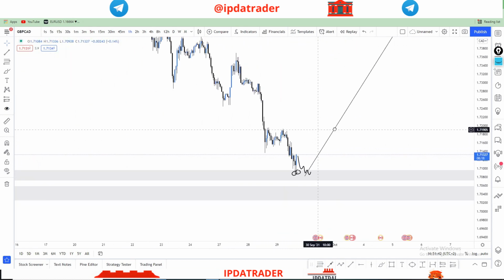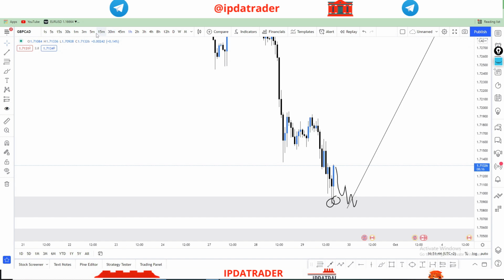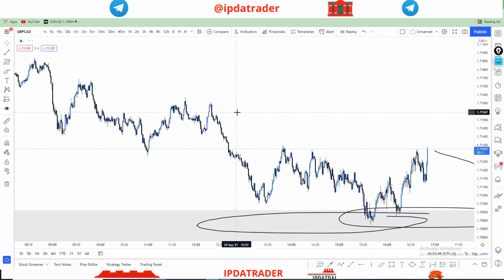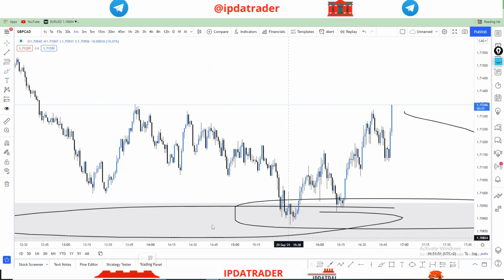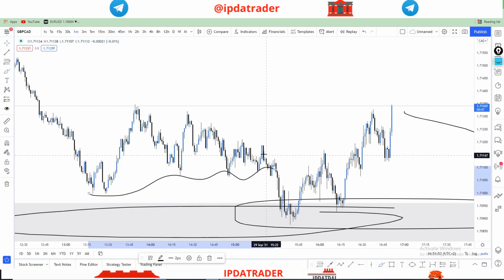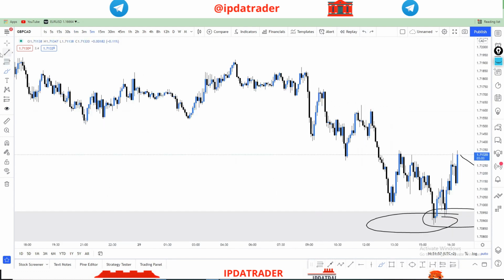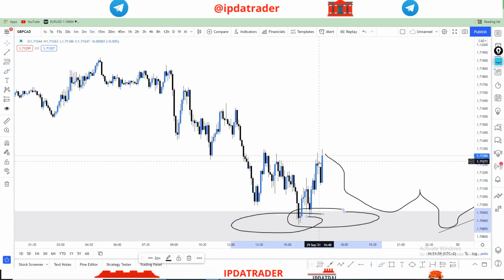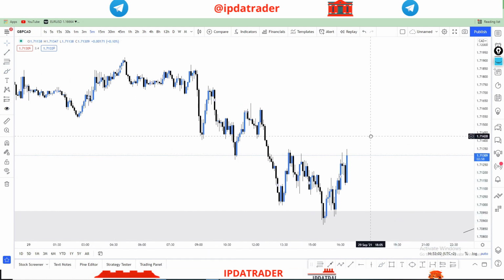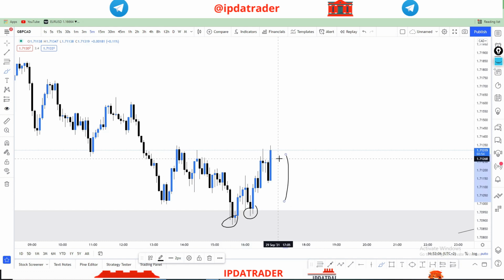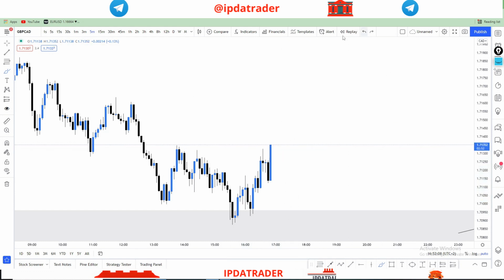So if we zoom into even lower time frames, maybe even a 5 minute, we can actually see how price is hitting. As you can see, price engineered liquidity just above it and grabbed it on the way down, right? And now we're mitigating those orders and rejecting the zone. You can see those rejections, and a potential move to the other side, right?